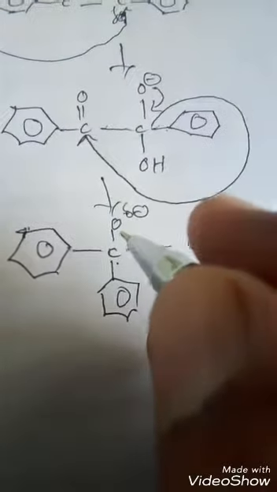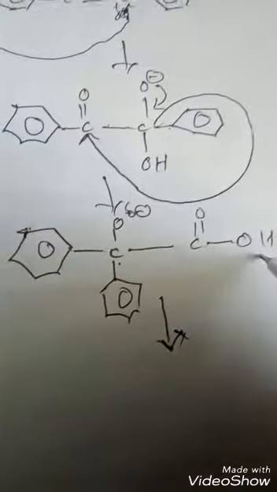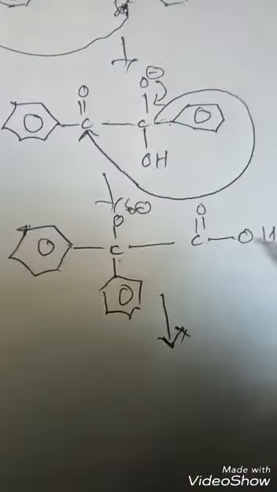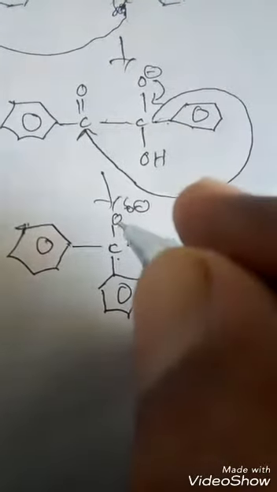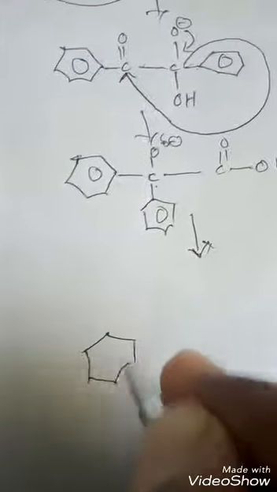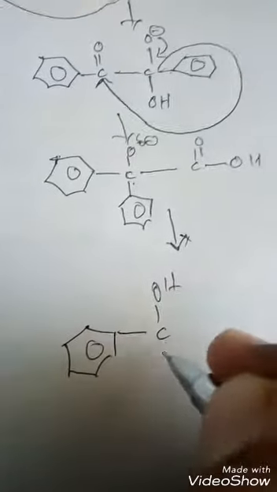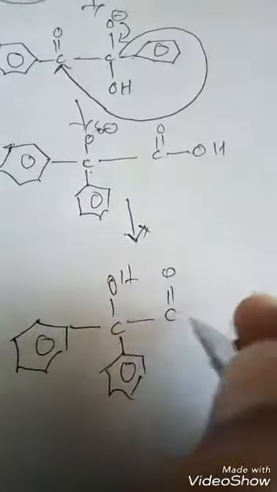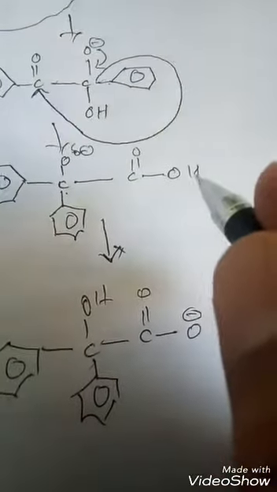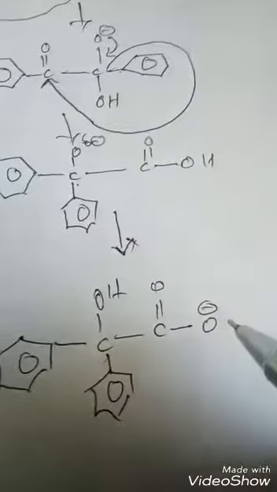Here is O-, so this H+ will be attached to this O-, delta minus. So the structure will become like this: OH, C double bond O, and O-. Hydrogen is gone without its electrons, so O-.